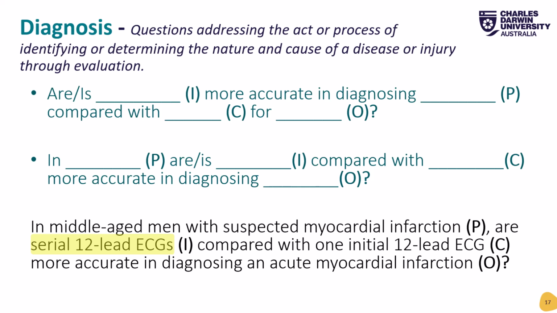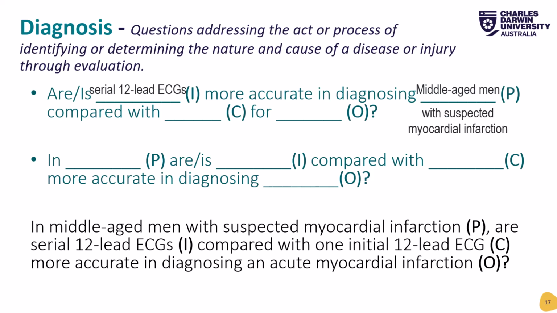So we could say, are serial 12-lead ECGs more accurate in diagnosing the population, which is middle-aged men with suspected myocardial infarction, compared with, that's the comparison, one initial 12-lead ECG, and the outcome is more accurate diagnosis of acute myocardial infarction.